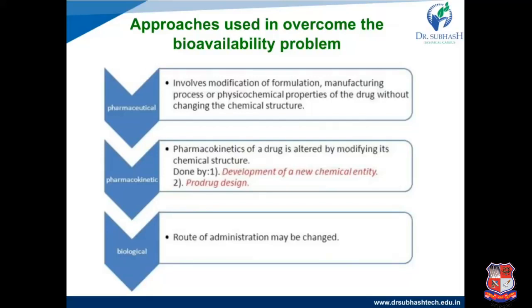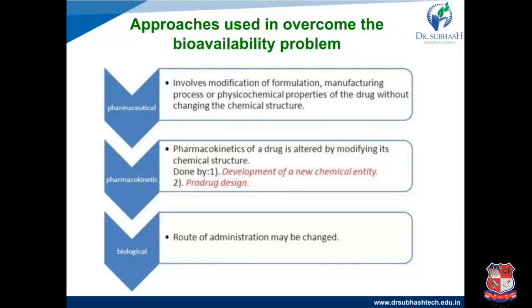Next, which approaches are used to overcome the bioavailability problem? Here there are 3 main approaches applied to counter bioavailability problems. The first is pharmaceutical, the second is pharmacokinetic, and the third is biological. The pharmaceutical approach involves modification of the formulation.